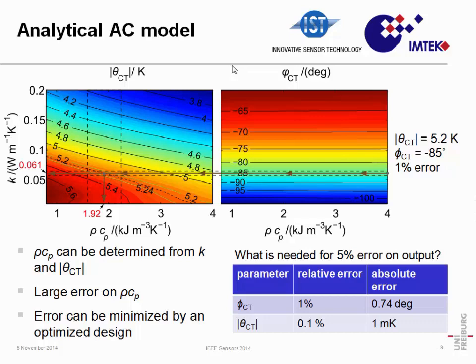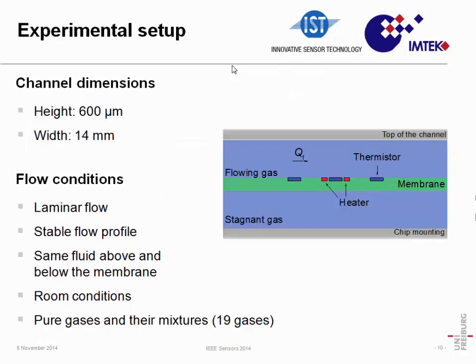Just to verify whether what I got here is true, we have a small experimental setup, which considers, as I said, the sensor I showed you before, where I have laminar flow with a stable flow profile on top of the membrane, and the gas in a stable position on the underside.